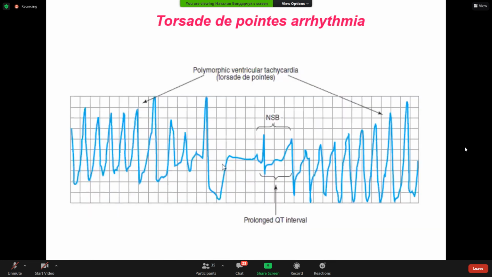Torsades de pointes arrhythmia. You can see the record of this type of arrhythmia on the ECG. So here on the left and on the right, you can see polymorphic ventricular tachycardia. It is characterized by the influx of calcium not according to its normal time.